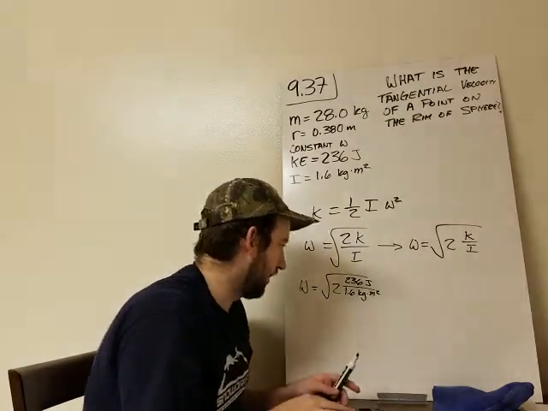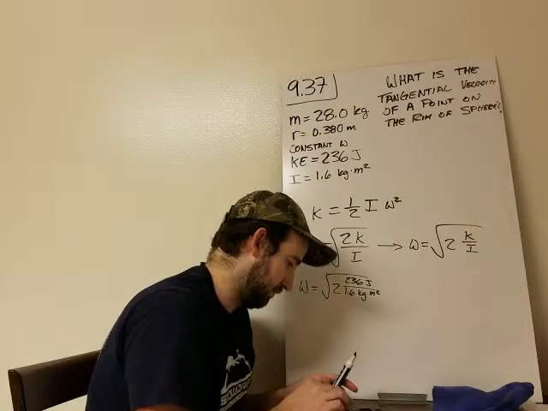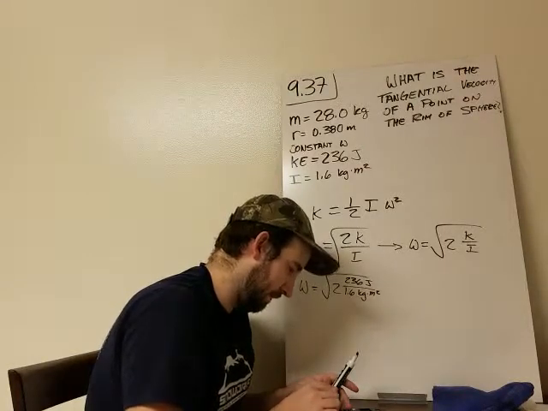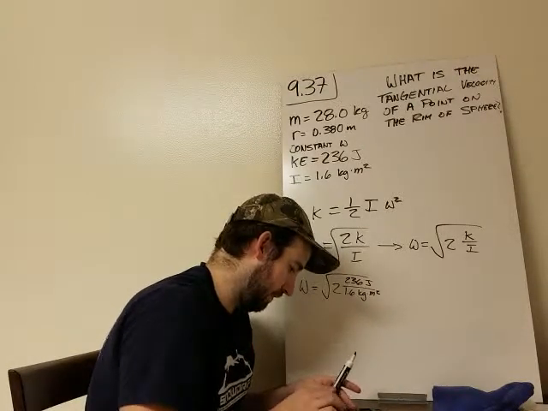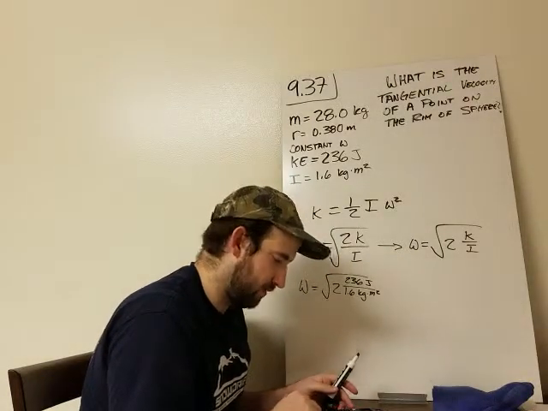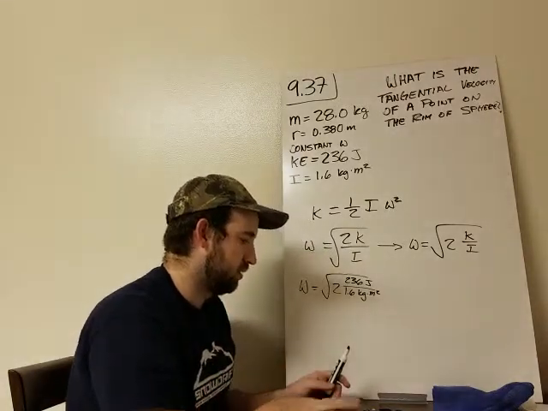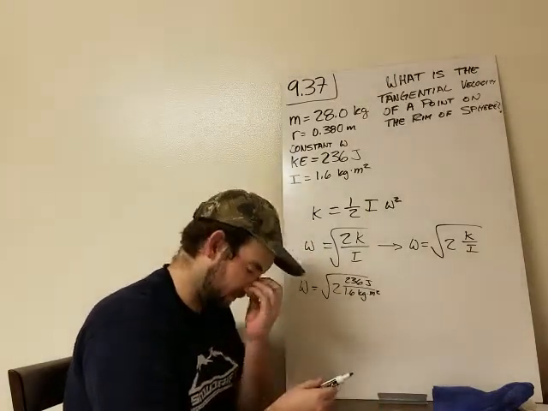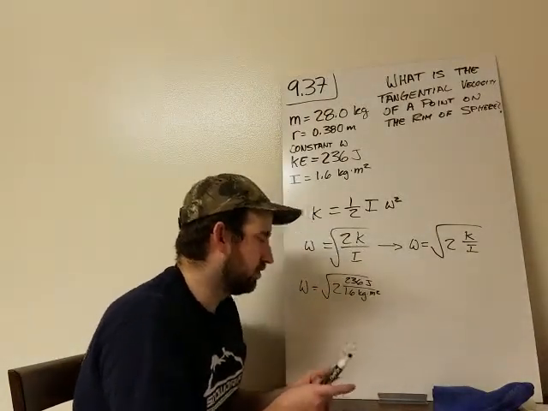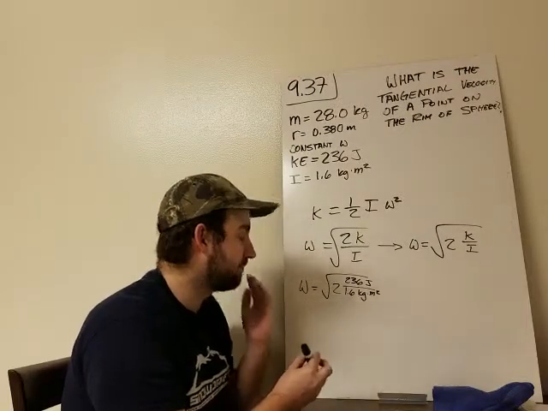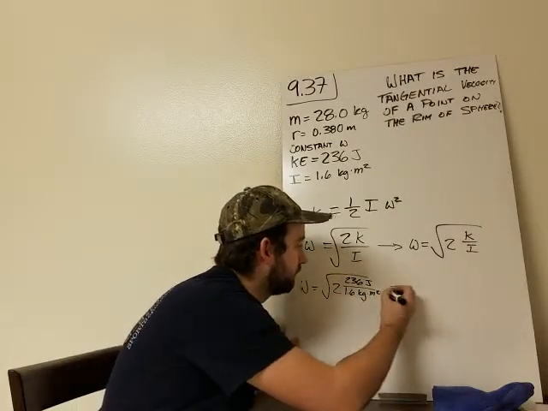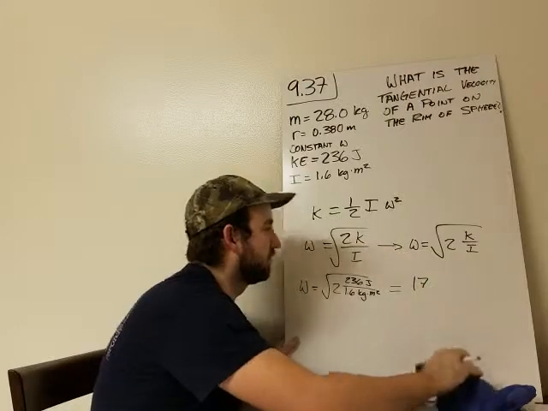And so when we solve that, we end up getting about 17.1, or I guess about 17.2 radians per second. So I'll just write that up here.